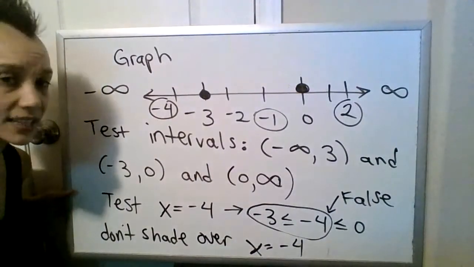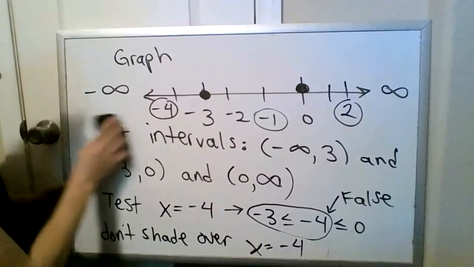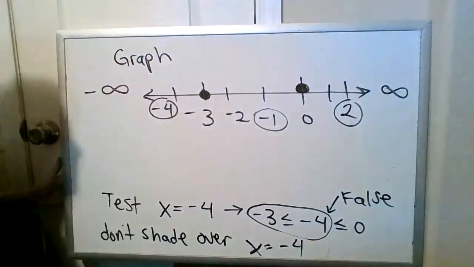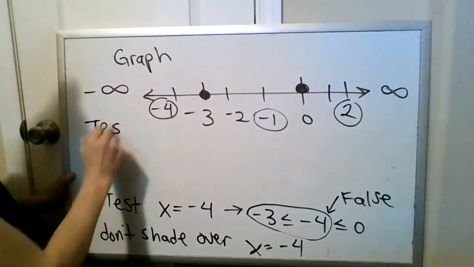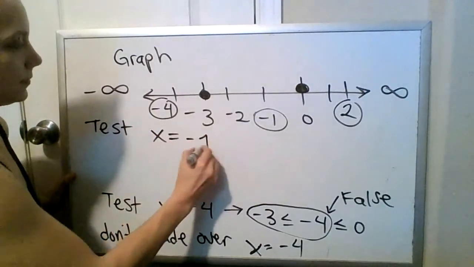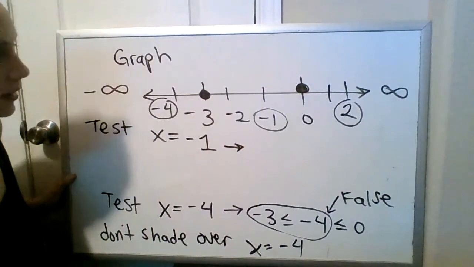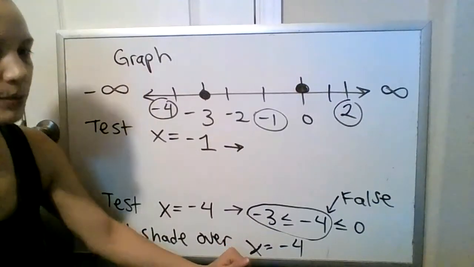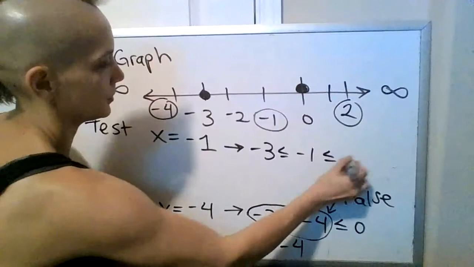Okay, we're going to test x equals -1. With -3 less than or equal to -1 less than or equal to 0.